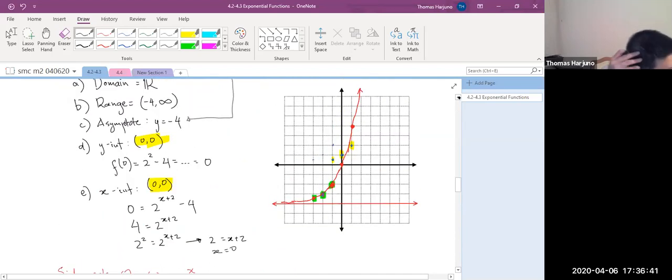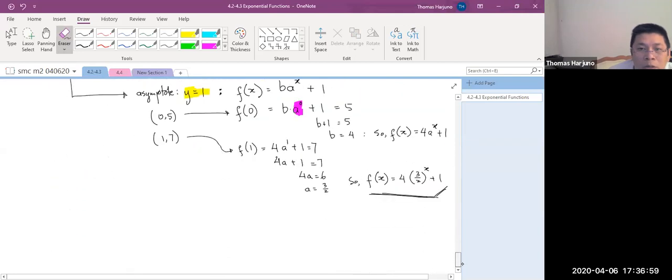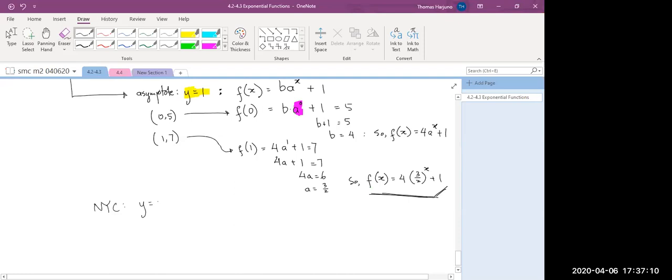And according to some people using the data that are available, we found out that in New York, let me write it underneath. In New York, a couple days ago, especially in New York City, they actually follow this exponential function, b times 1.2 to the x.